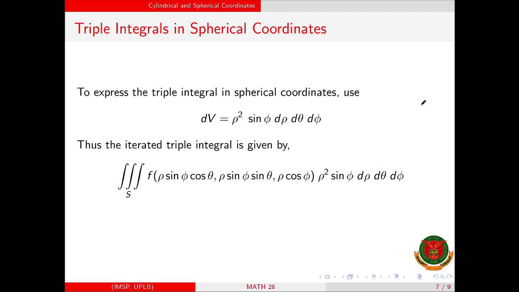In general, the iterated triple integral is given by this expression, f of rho sine phi cosine theta, rho sine phi sine theta, rho cosine phi times rho squared sine phi d rho d theta d phi, where the solid S here is represented by the spherical coordinate system.